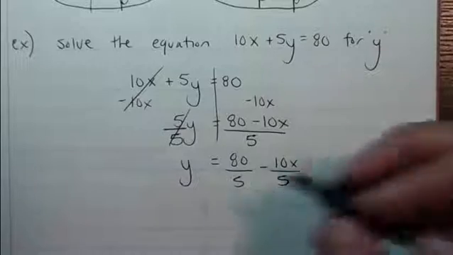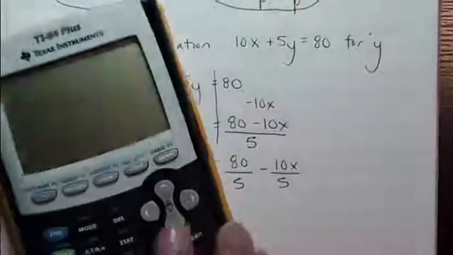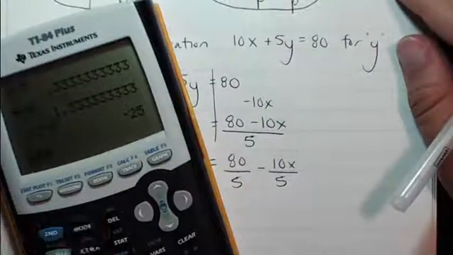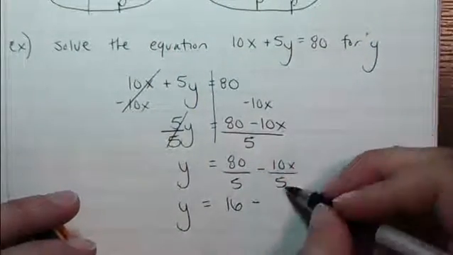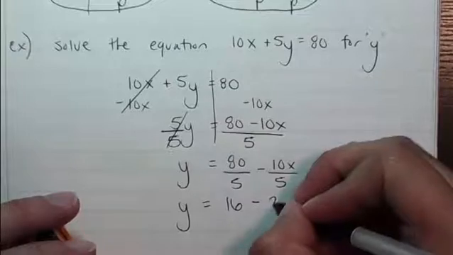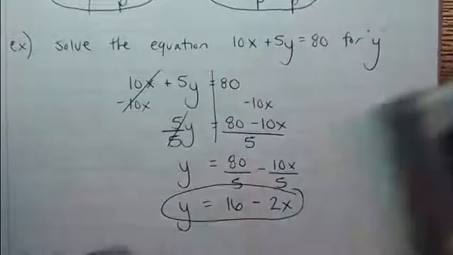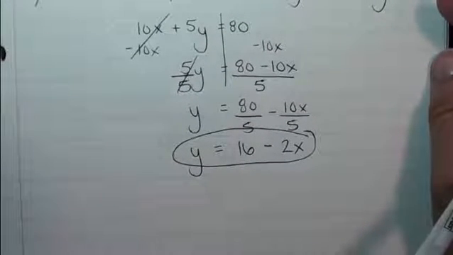And I can go ahead and simplify that just a little bit more. 5 goes into 80. Let's see how many times. So 80 divided by 5 is 16. So 16 minus, 5 goes into 10 2 times. So it could be written like this. That'd be as simplified as we can get it. y is equal to 16 minus 2x, or y is equal to negative 2x plus 16.